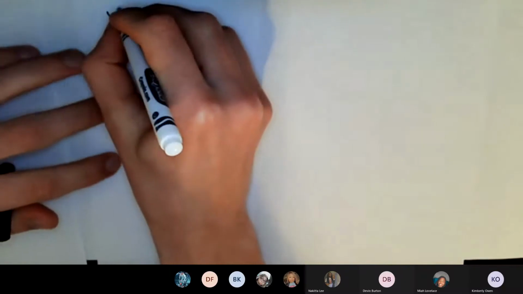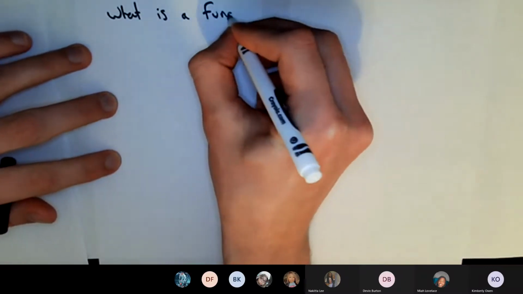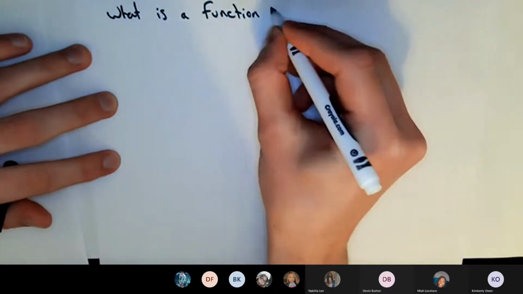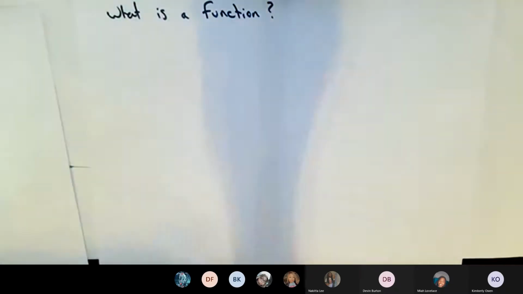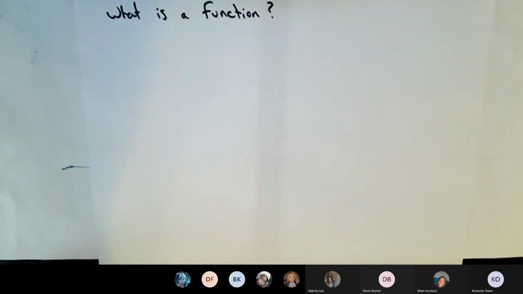What is a function? Okay, so that first idea, what is a function? All right, so we'll start with just the basic idea and we'll try to work up to more technicality.